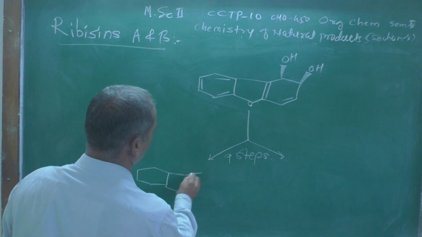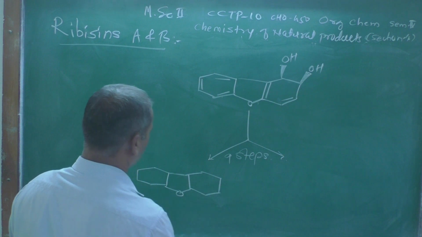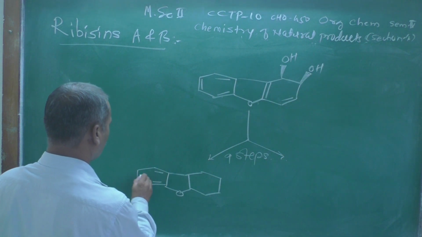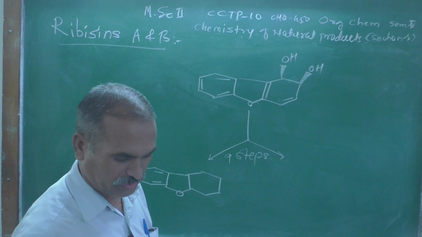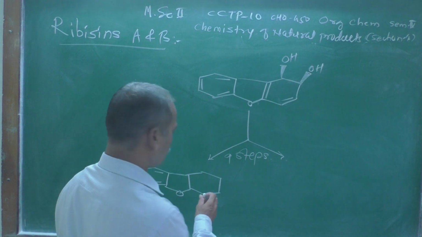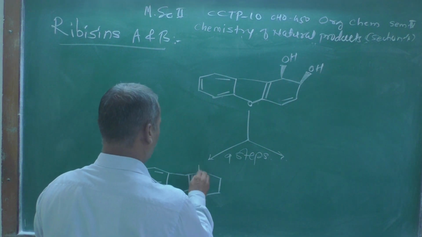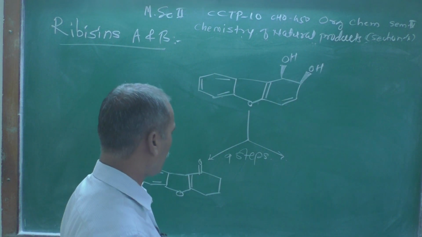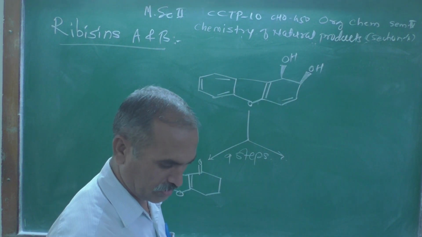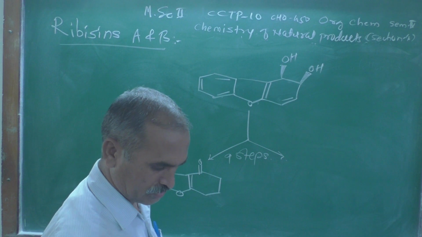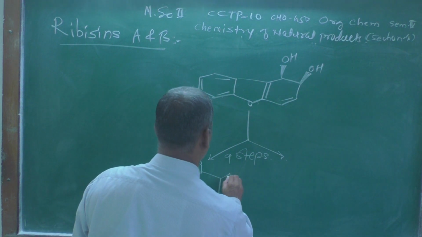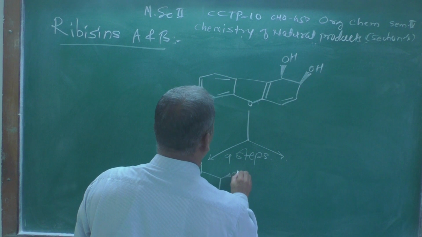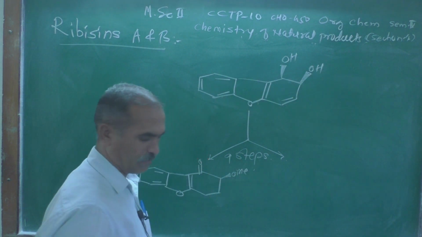This is the structure which I am representing over here. Look at this, this is a benzene moiety. This is a benzofuran moiety. Here is an alpha beta unsaturated type of structure. Here is a methoxy group which is above the plane.